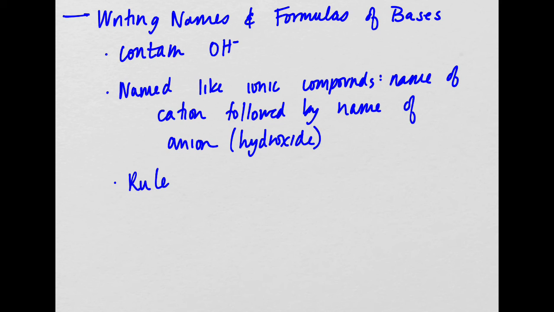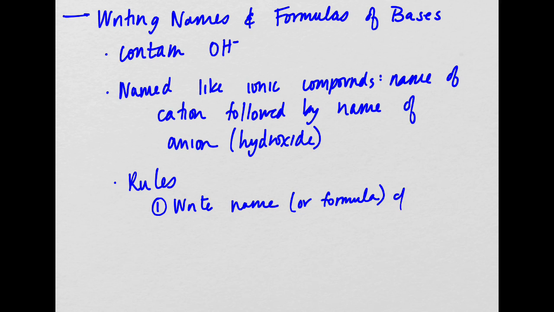The rules for naming. We're first going to write the name. Let's write number 1. Write the name or formula of the cation.